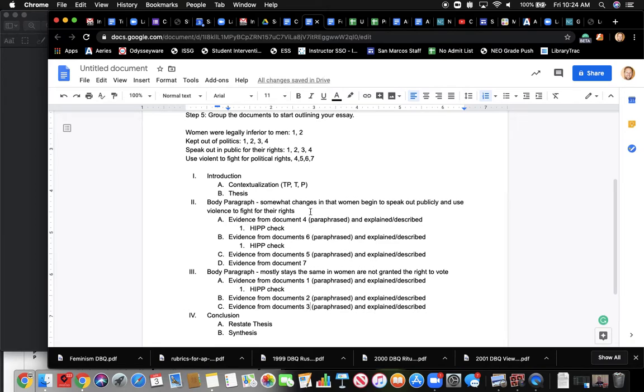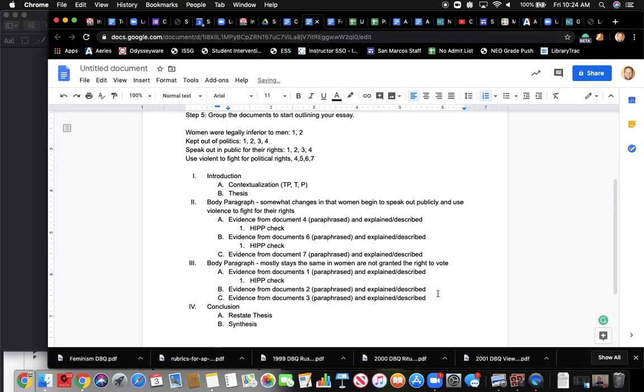Maybe you want to add a document towards the end, and so maybe instead of talking about document 5 here, you just talk about document 7 in this paragraph, and you modify it as you go. That's the fun thing about doing a DBQ: you get to be a little bit more creative with your evidence. From document 5.